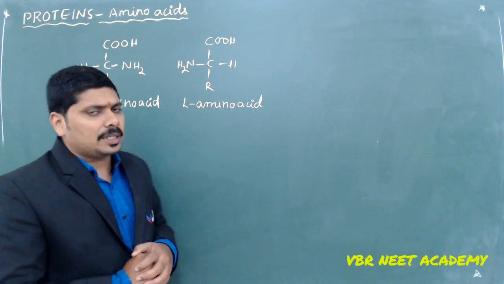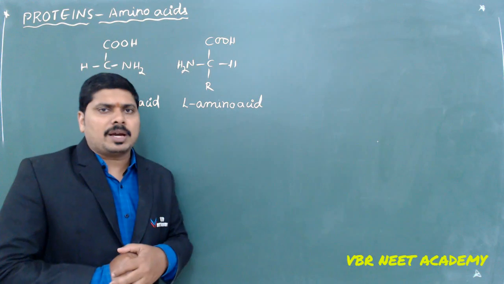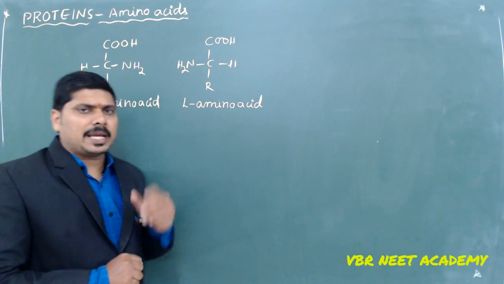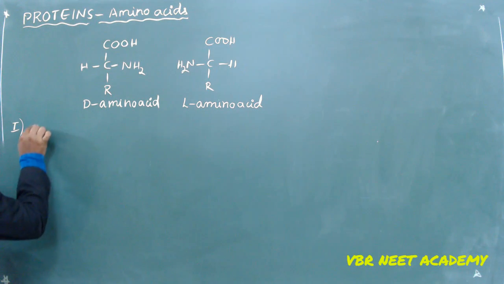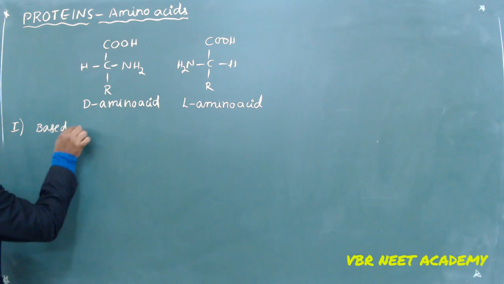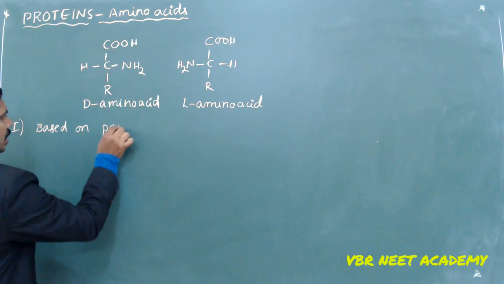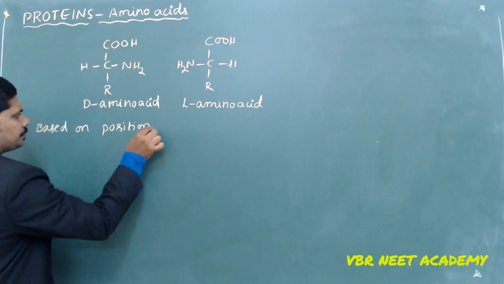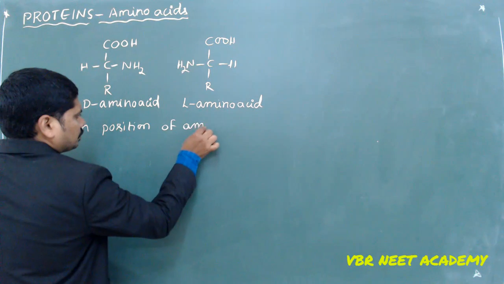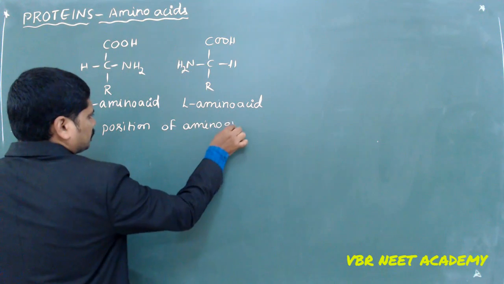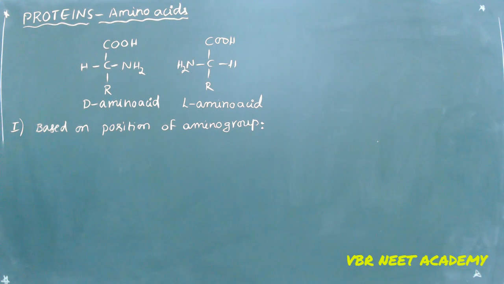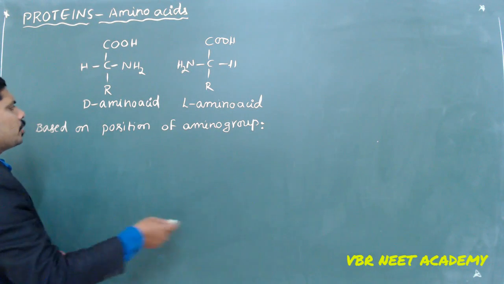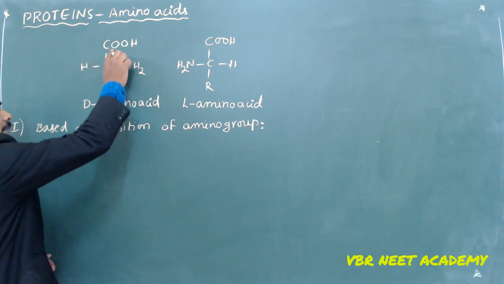Now if you can see the classification of amino acids, we are having different types of classification. The first classification, if you want to say, is based on position of amino group. If you want to classify the amino acids based on their position of amino group, we are going to have a carboxyl group present.